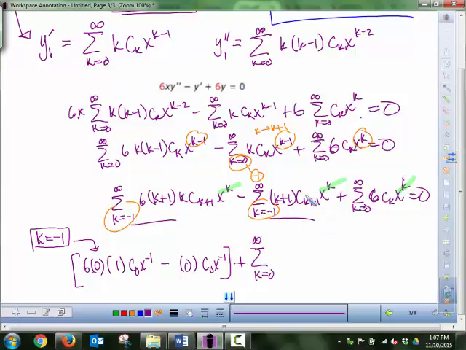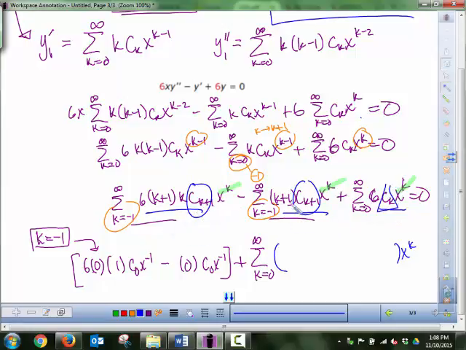So I'm going to do a couple of things. They all have x to the k, so I'm going to put x to the k out there. The first two have c sub k plus 1, and then the last one has c sub k.